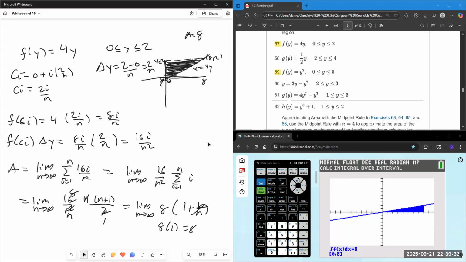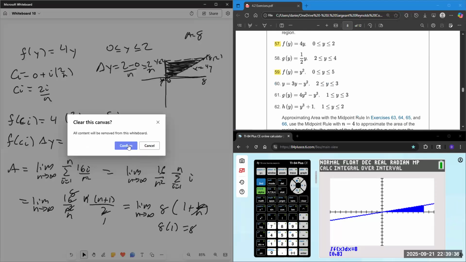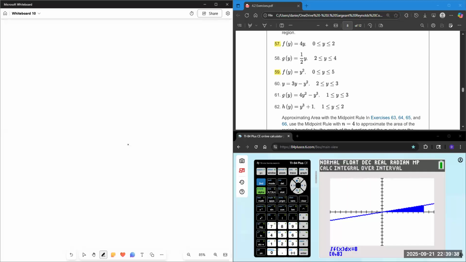Look now at number 59. Sketch this. We have x equals y squared, where y goes from 0 to 5. So y is 5, this is 25, 5 out here, and 0, 0.